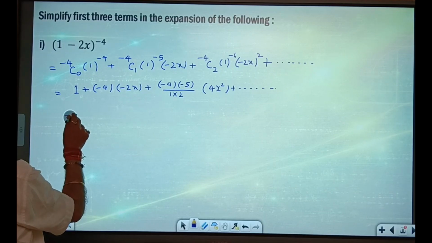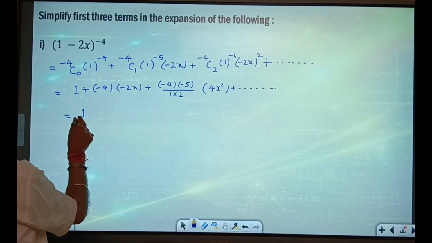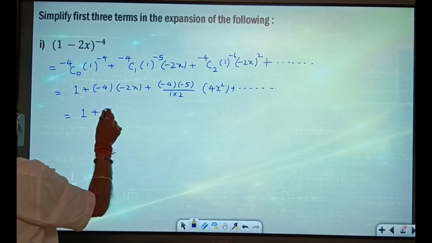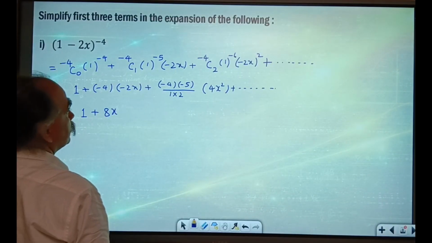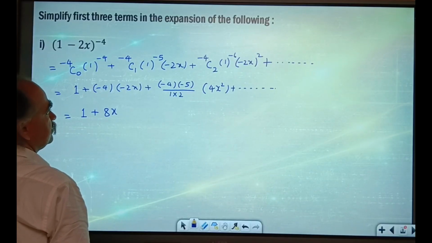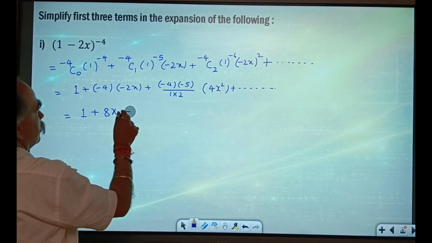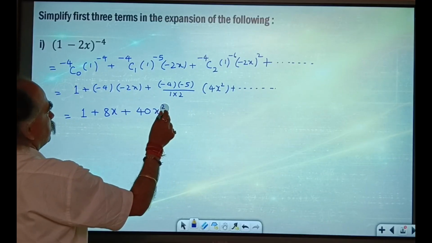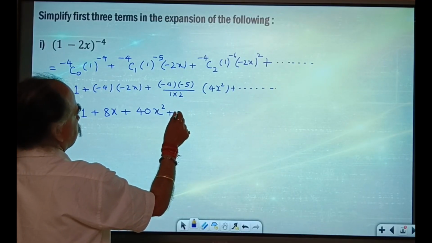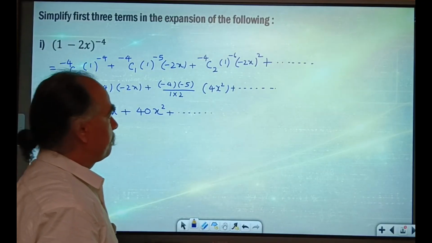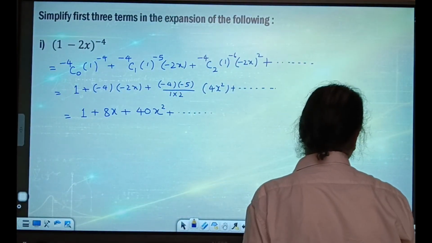This will give you what? 1 plus 8x, plus 20 upon 2 is 10, 10 into 4, plus 40 x square, and so on. Here we want only 3 terms.